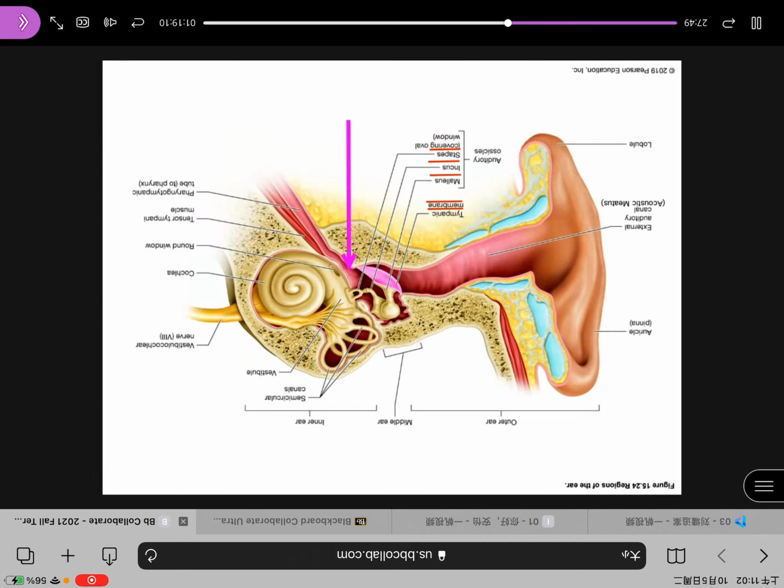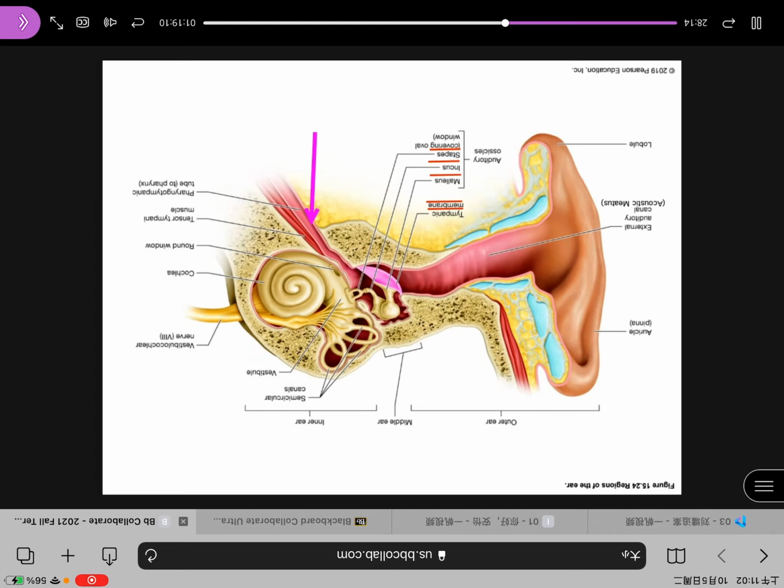You see that duct or tube? It comes down this way, and that's an important tube. Let me point at the tube. If you look at the figure, the tube is called the pharyngotympanic tube. It's called this way because of what it does.